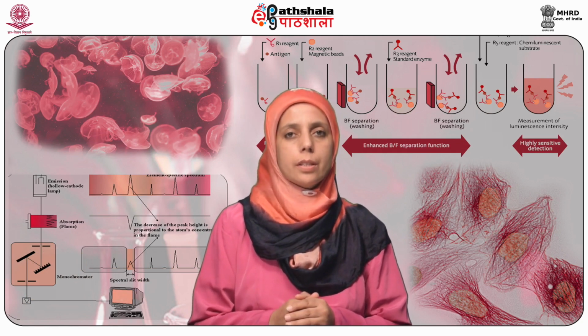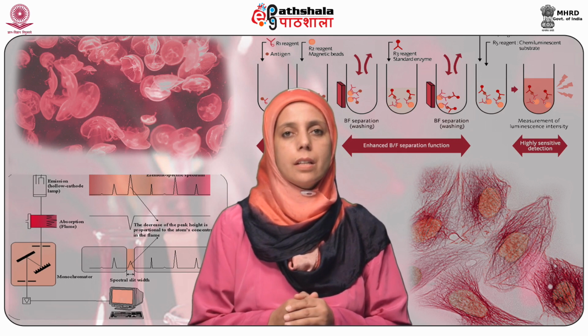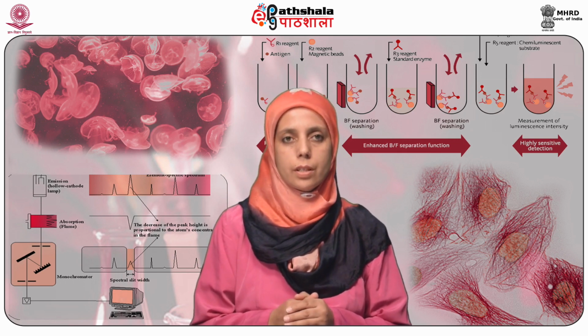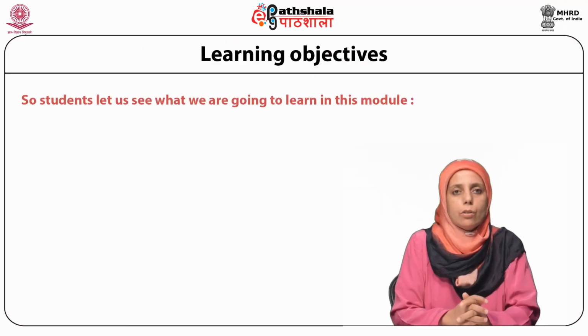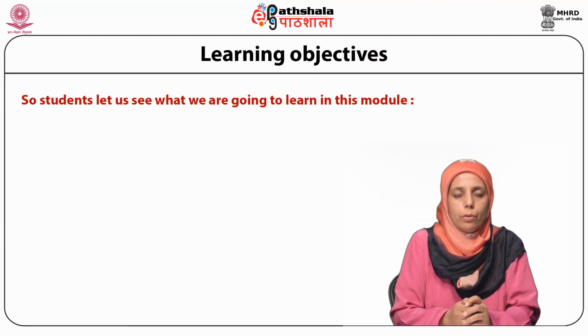Here we are going to discuss the module Factors Affecting Fluorescence and Phosphorescence from the paper Atomic Absorption Spectroscopy. So students, let's see what we are going to learn in this module.